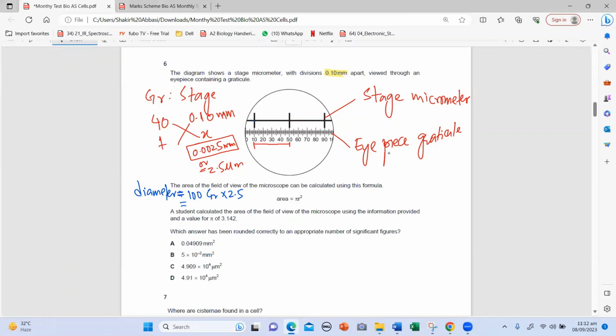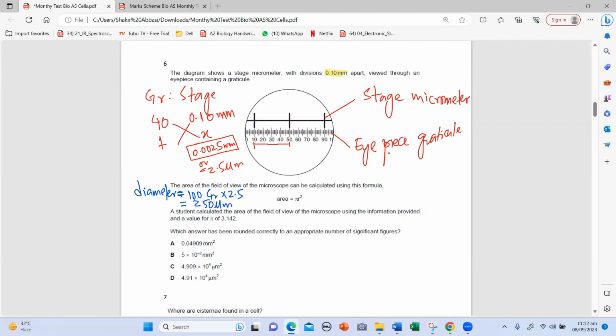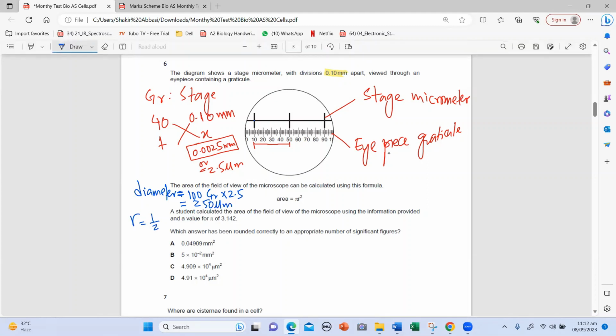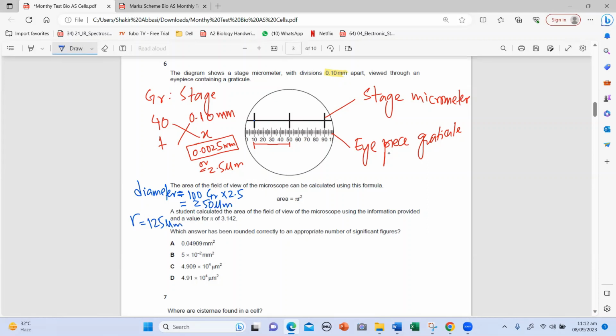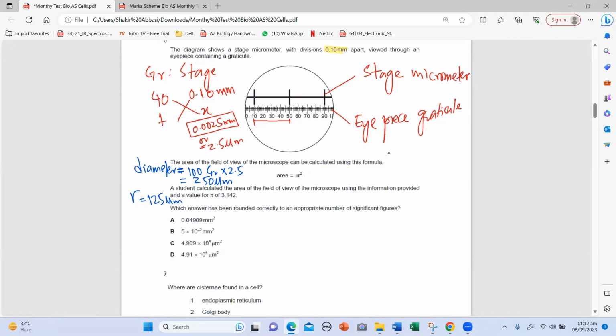So diameter is 250 micrometer. But what is radius of this? Half of it. Radius is 125 micrometer. Now you can do pi r square area.